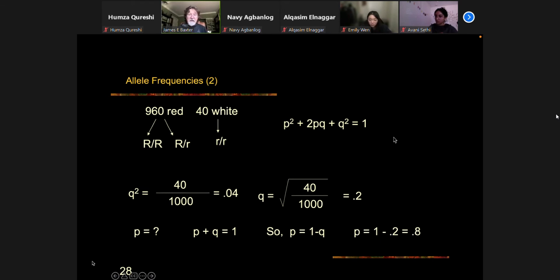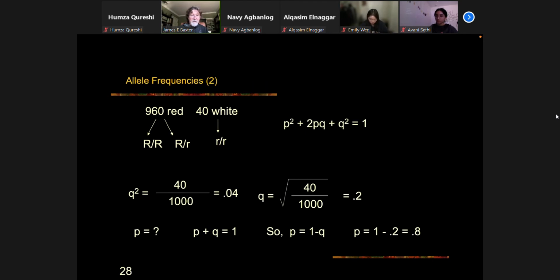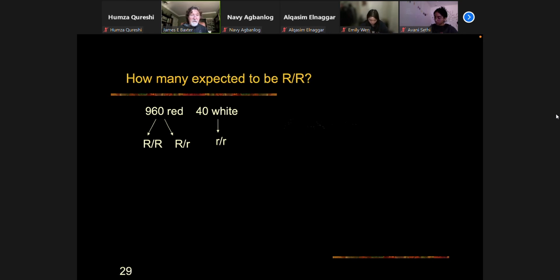Now, once we get these allele frequencies, we can go back to our binomial and insert them to figure out what P squared is. In other words, we use this formula. P squared is the genotypic frequency of big R, big R, the homozygous dominants.